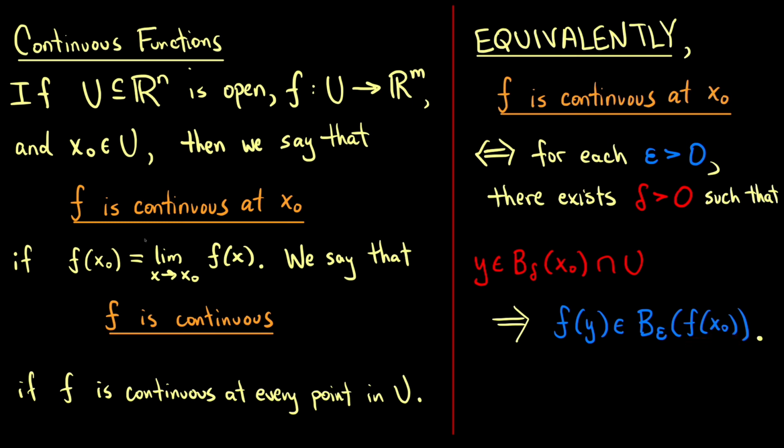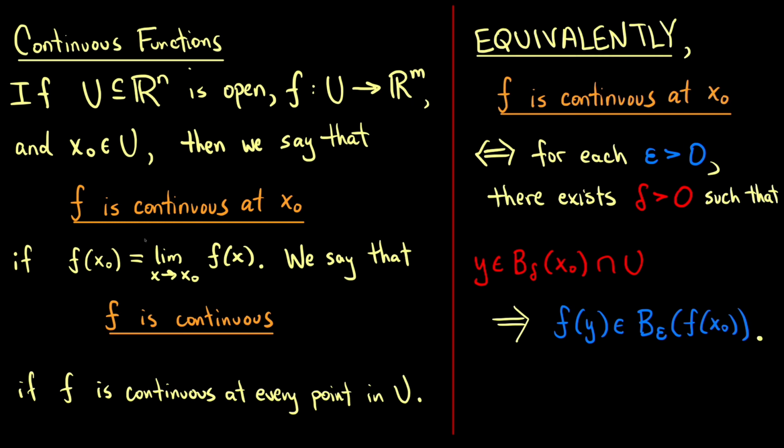So if you want to land near the output, f of x naught, where near is defined any way you like by any epsilon, then there's a way to do it. There's a way to pick a delta so that if you start near enough to the input, you will land in this ball centered at the output.